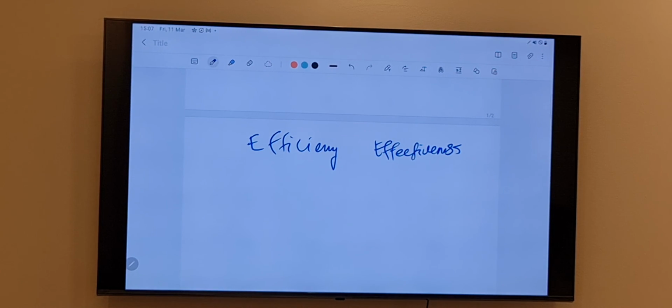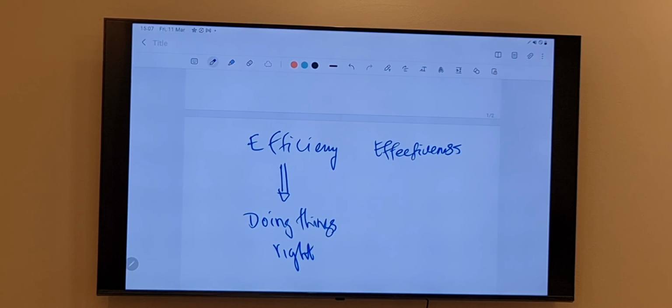How he said it goes: efficiency is doing things right. Now, for example, we need to go from the ground floor to the second floor.